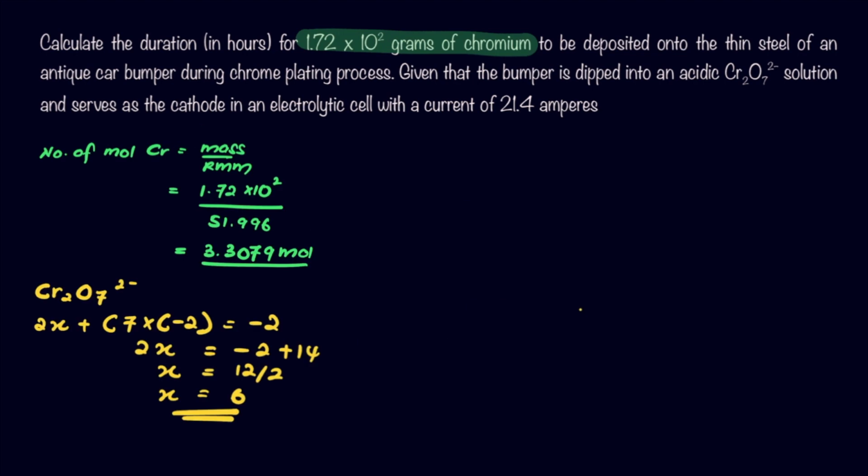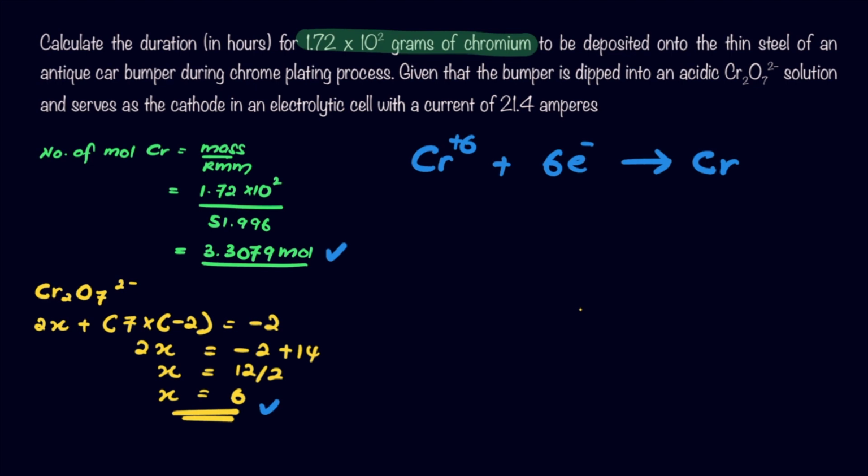Okay, now from both calculations that we have done just now, we know that the chromium oxidation number is positive 6. So we can write Cr 6 positive. Therefore, it needs 6 electrons, and only then can it turn into chromium, right?